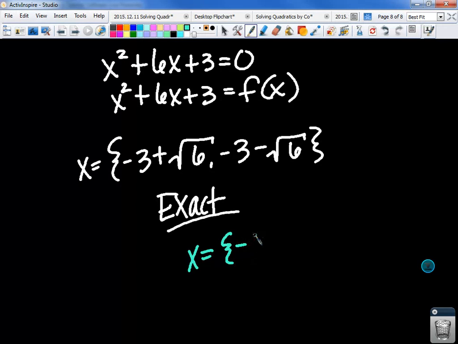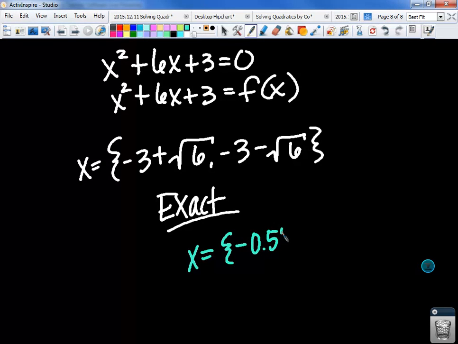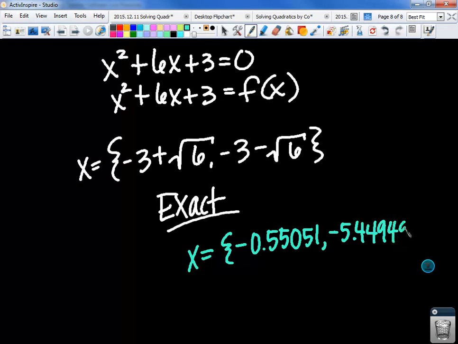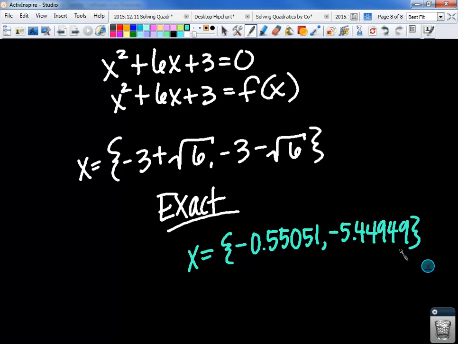We can say -0.55051 and -5.44949. We can do that. We can list them exact, or we can list them as decimal approximations, but it depends on the instructions for the problem what you want to use. For the homework problems, you want to use the exact values.